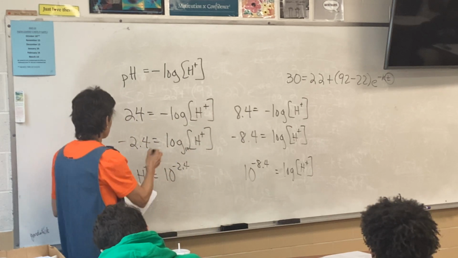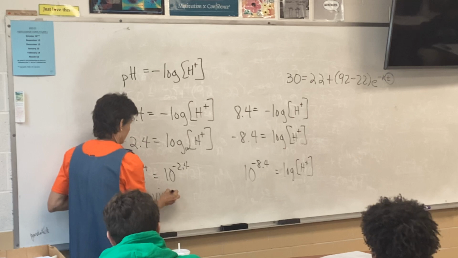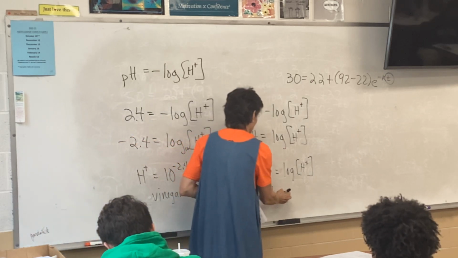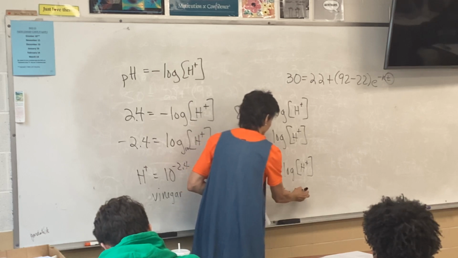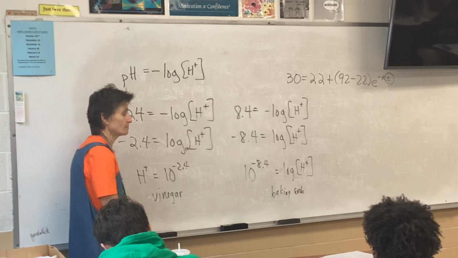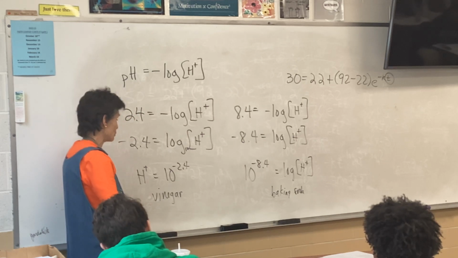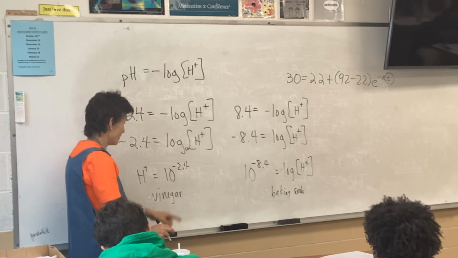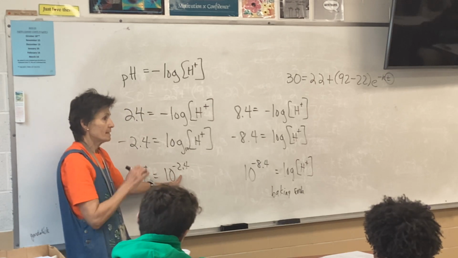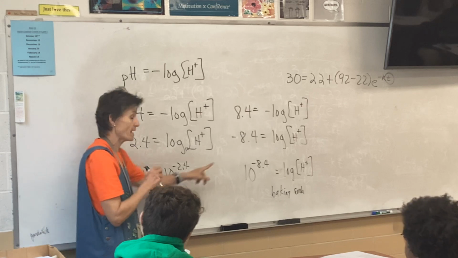Now, this one was the vinegar, and this one was the baking soda. Now, would you agree that this exponent is 6 more than that exponent?